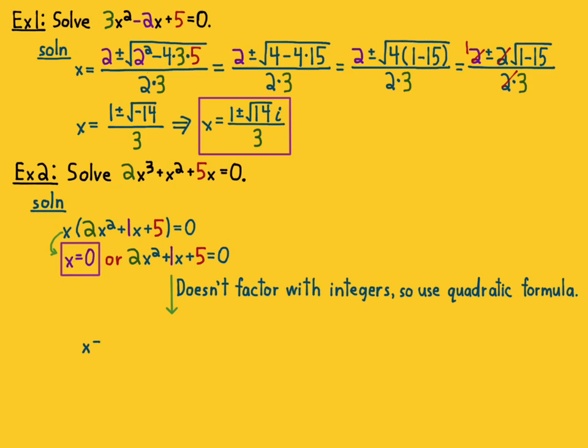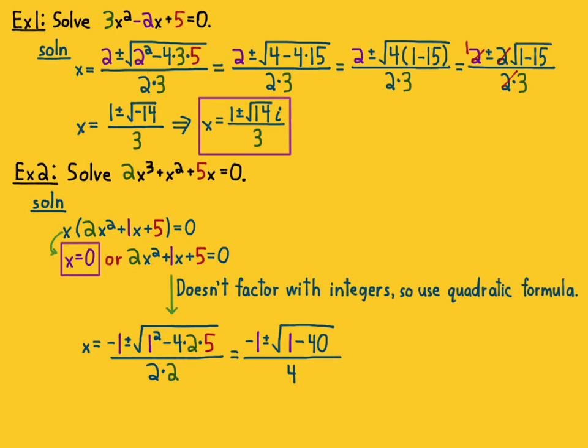Okay, so I'm going to have x equals opposite of b plus or minus square root of b squared minus 4ac, right, over 2 times this 2, and we simplify that. Right, so we get minus 1 plus or minus square root of 39i over 4.